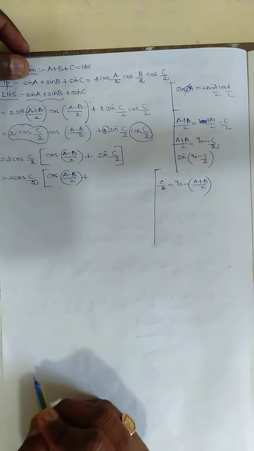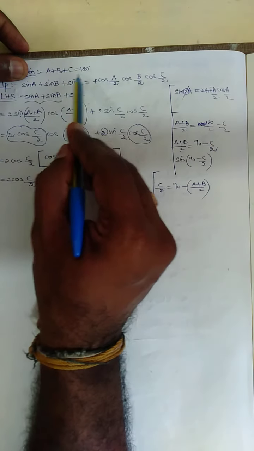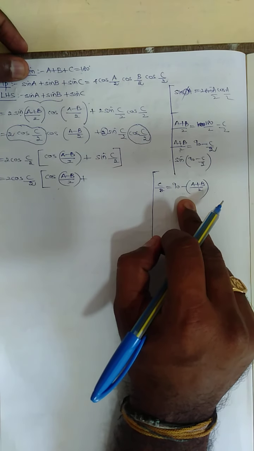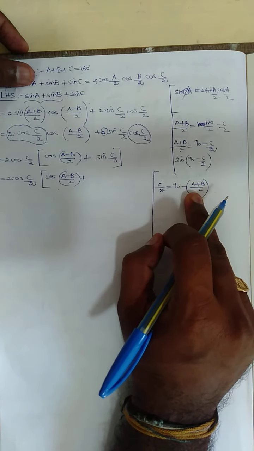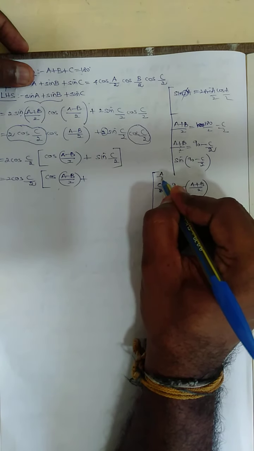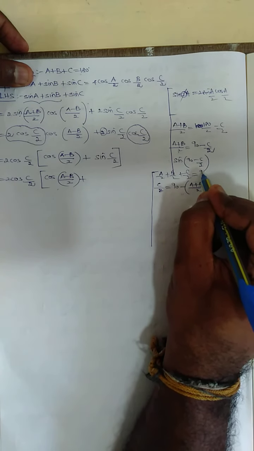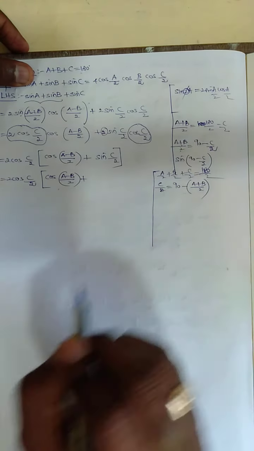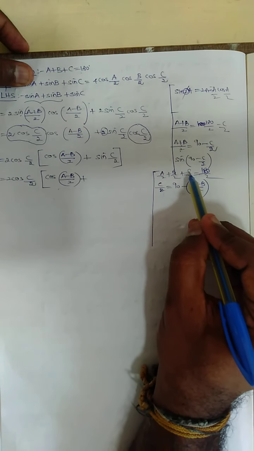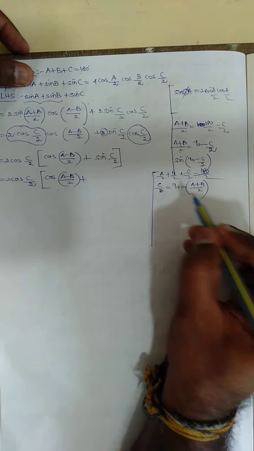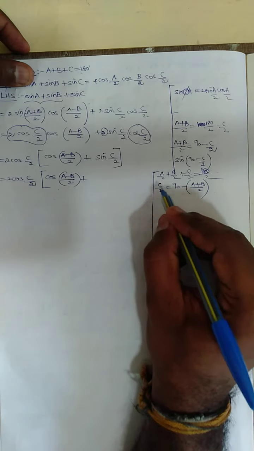I think you don't need any explanation, because you can write a by 2 plus b by 2 plus c by 2 is equal to 180 by 2. So c by 2 is 90 minus (a plus b) by 2.